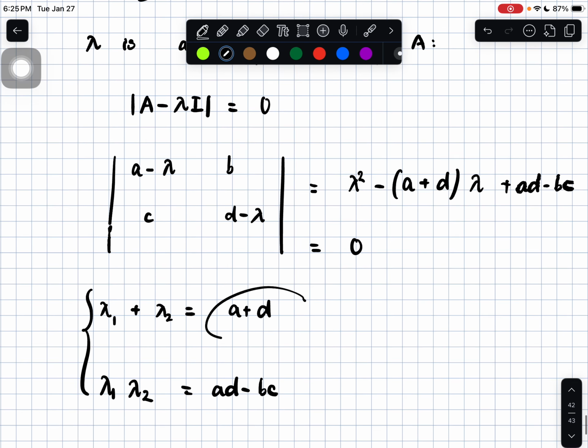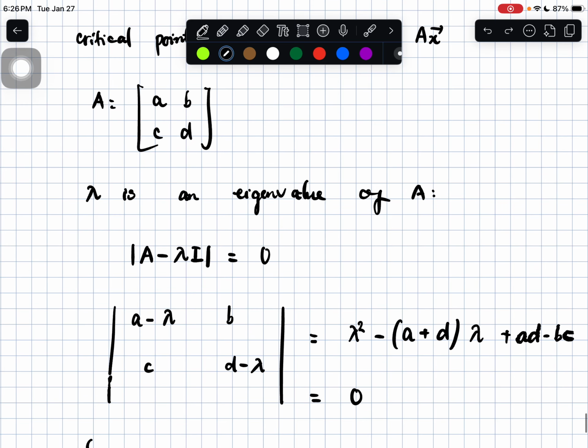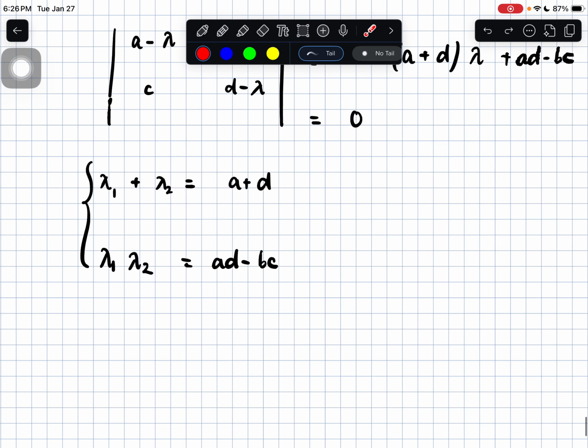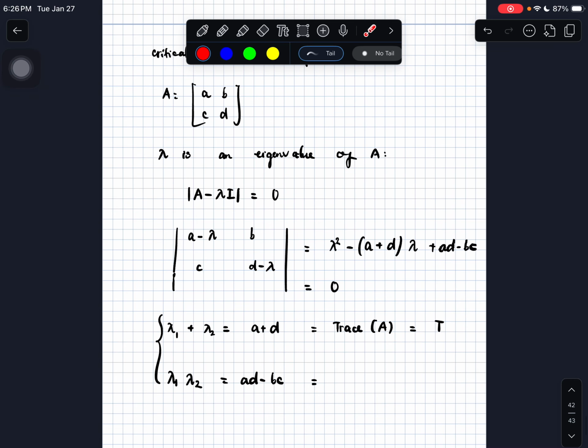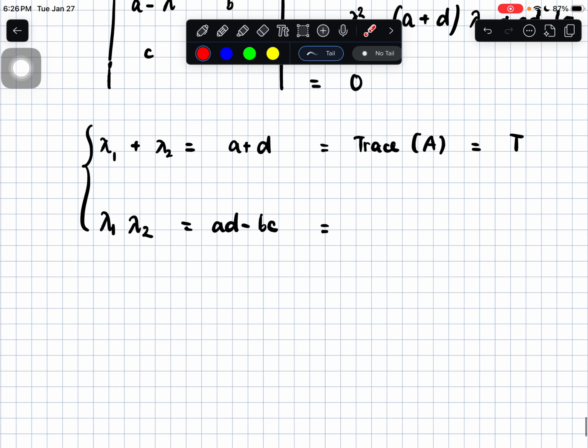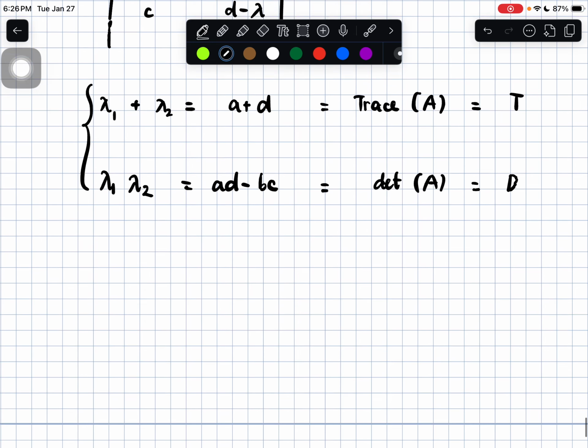This a plus d is the sum of the two entries on the main diagonal, so this is the trace of the matrix A. In this exercise, we call it T. And ad minus bc is the determinant of A, and we call it D for this exercise.